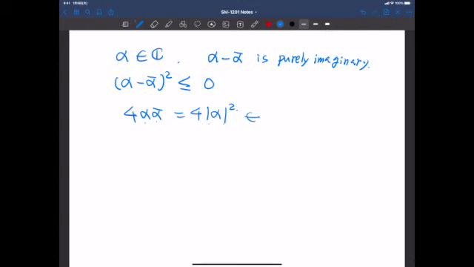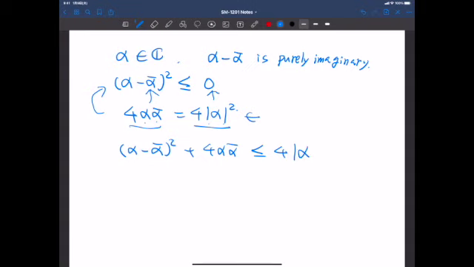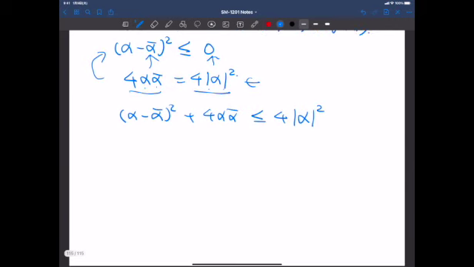So we add this to both sides of this. Add this term to the left hand side and this term to the right hand side. That gives us alpha minus alpha bar squared plus 4 alpha alpha bar less than or equal to 4 times the modulus of alpha squared. If you expand this and do some calculation, the left hand side becomes alpha plus alpha bar squared.